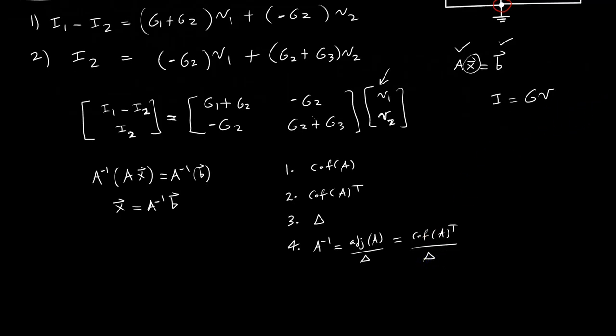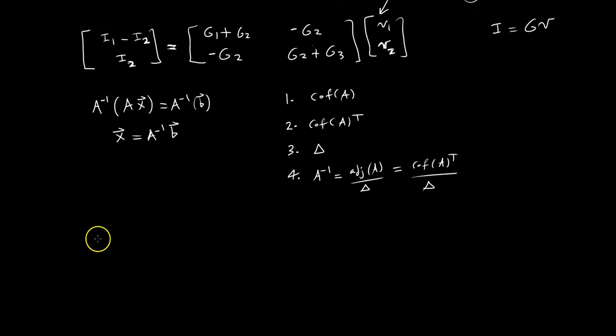So first let's go ahead and just find the determinant. That should be the easiest one. For a 2 by 2 matrix, the determinant is simply A times D minus B times C. So that's this term, that term, subtracted by these two combined.